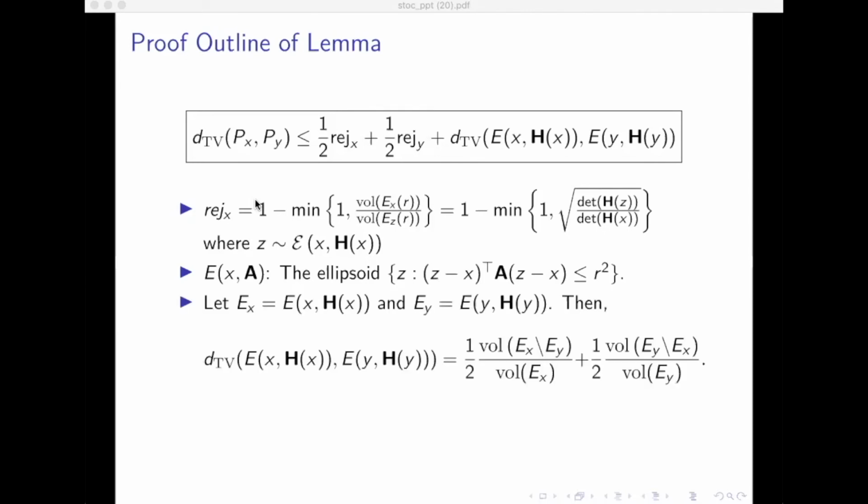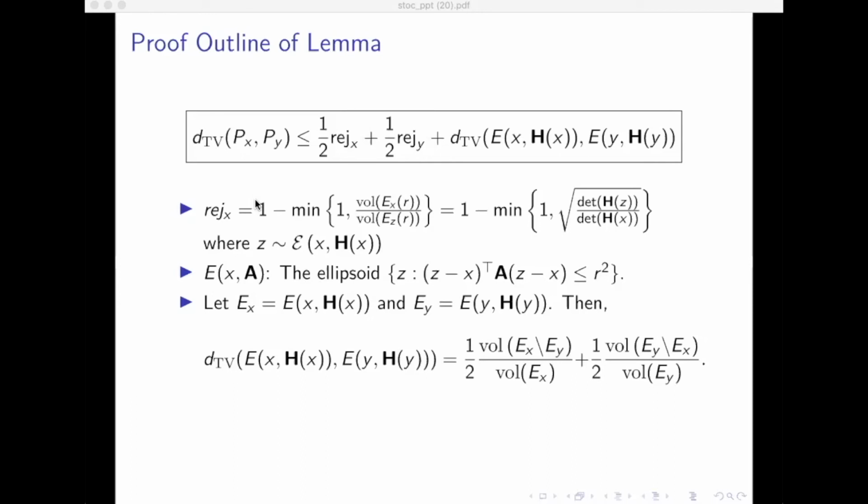The total variation distance between the uniform distributions on ellipsoids ex and ey is equal to half the volume of ex minus ey divided by the volume of ex plus half the volume of ey minus ex divided by the volume of ey. We can bound the right-hand side terms separately.